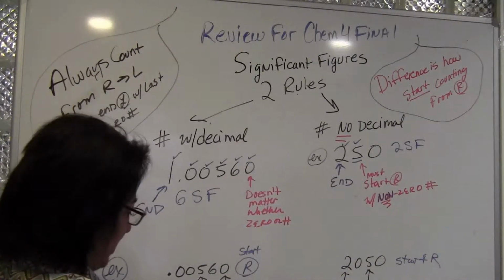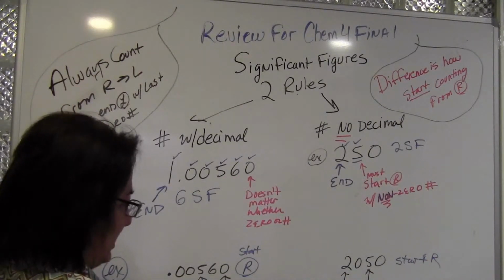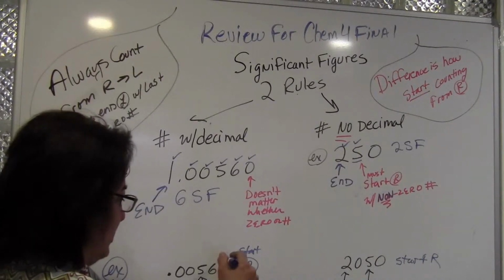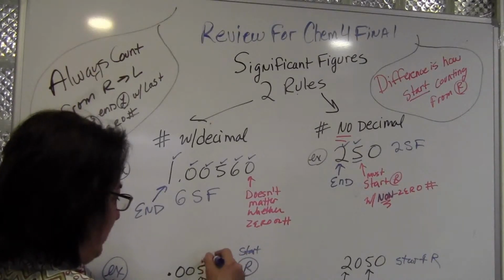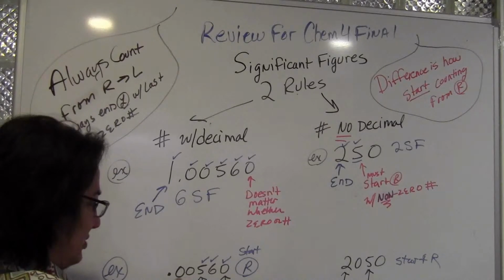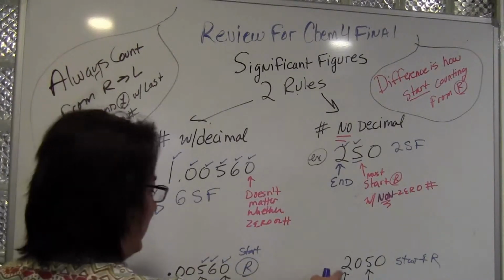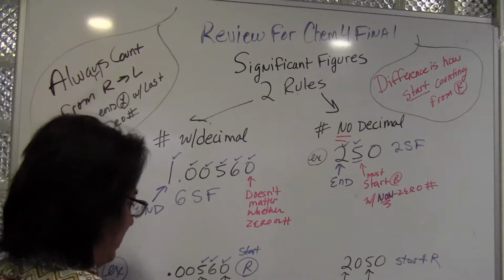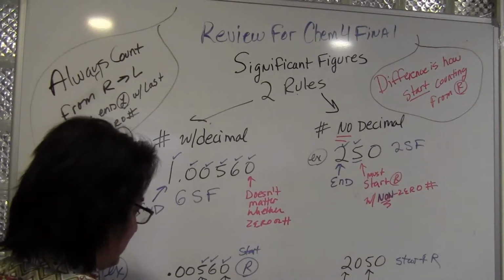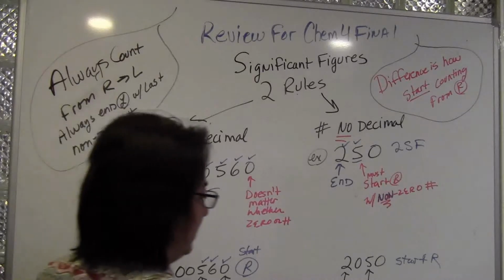With a decimal, you start on the right, whether it's a 0 or a number, that's where you start. So we have 1, 2, 3. Since these are zeros and not non-zeros, they don't count, because you always, in both cases, end on the last non-zero number. So this number has 3 significant figures.